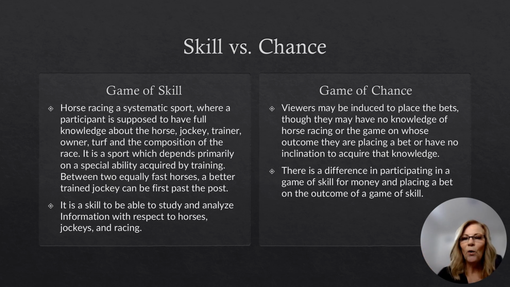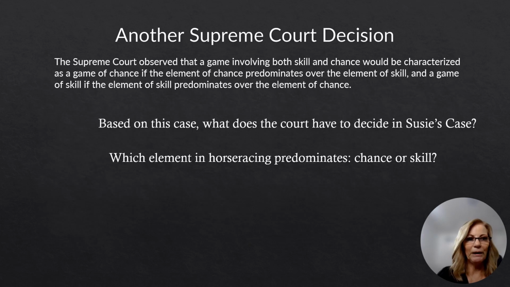But guess what? What if we find another Supreme Court case and it says that a game involving both skill and chance would be characterized as a game of chance if the element of chance predominates over the element of skill, and a game of skill if the element of skill predominates over the element of chance? So I just need to decide as the judge which one predominates.